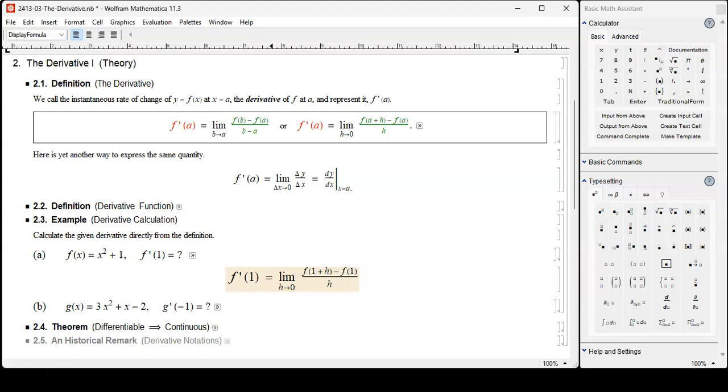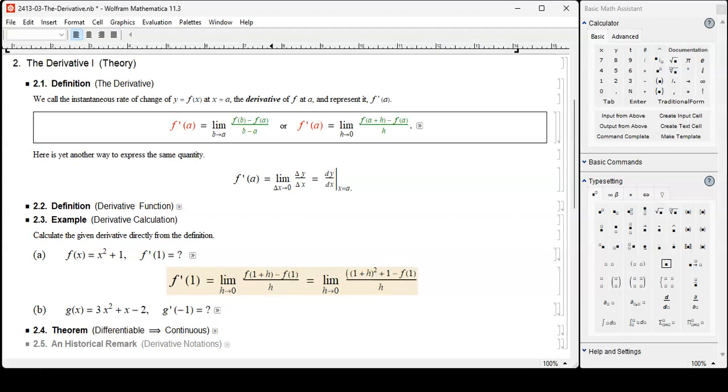There you go, that's the quantity we are looking for. Now, what is this f of 1 plus h? Well, 1 plus h will have to go here. So f of 1 plus h is, as a matter of fact, (1 plus h) squared plus 1.